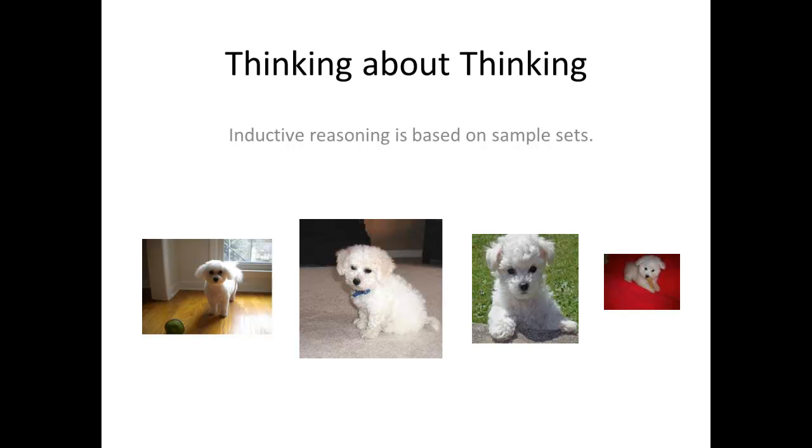Now, what would happen though if I were to enlarge this sample set and add a 5th observation? And let's say in this 5th observation, I observe a Bichon who absolutely does not like playing with toys. In fact, this little dog maybe avoids toys or is fearful of them.